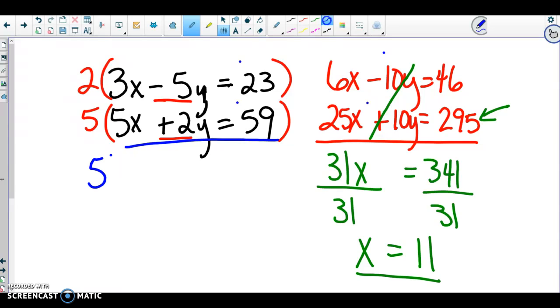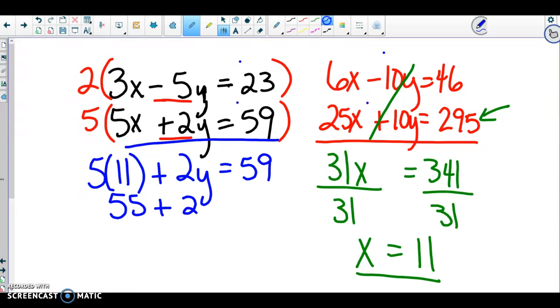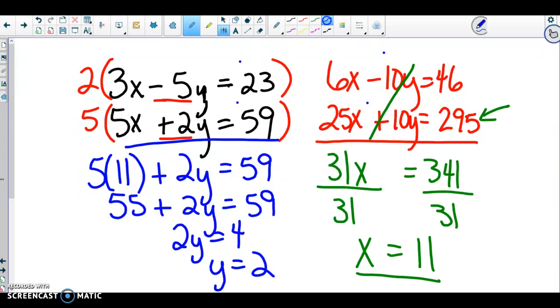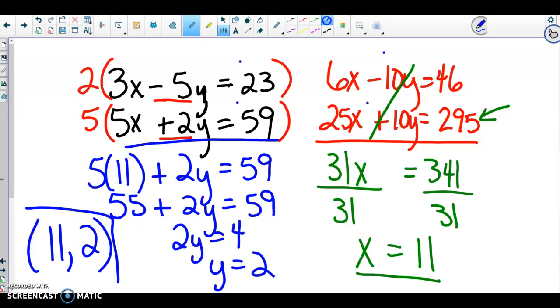I would take 5 times 11 plus 2y equals 59, or 55 plus 2y equals 59. So I can subtract 55 from both sides, so 2y is going to give me 4, which means that y equals 2. So my solution for this one would be (11, 2). Okay, so that would be my solution.